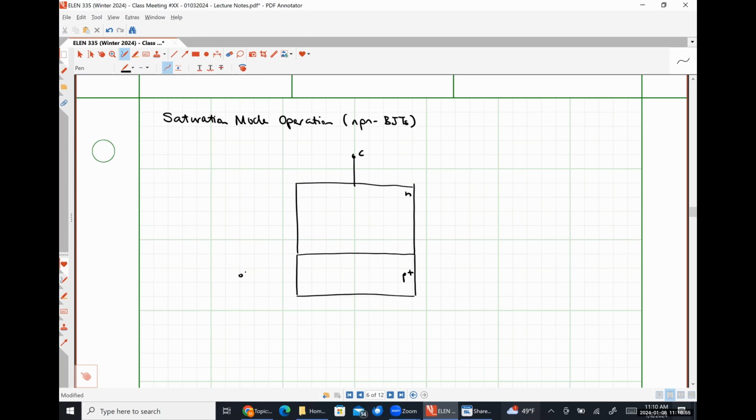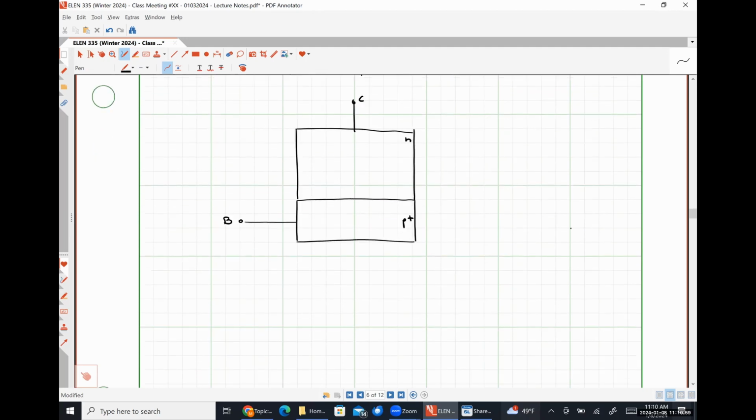Out here to the left, I will put my base terminal. And then down at the bottom, we have our emitter region that is doped N++. Here is my emitter terminal.